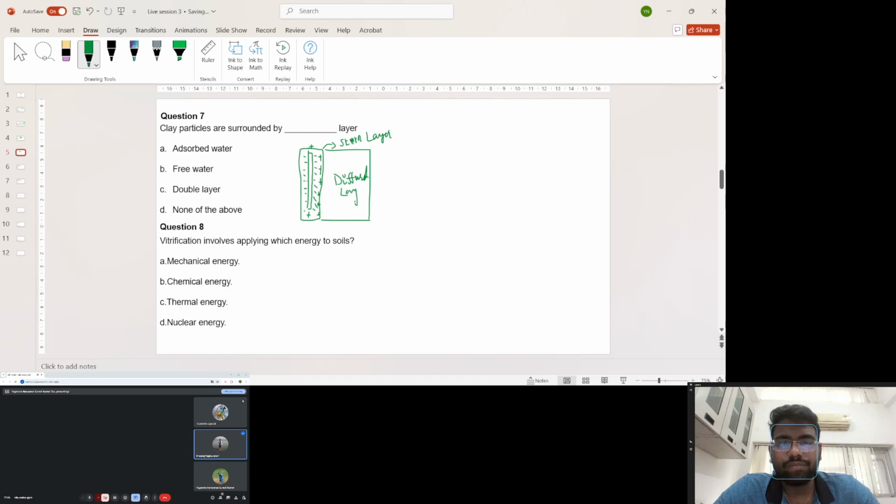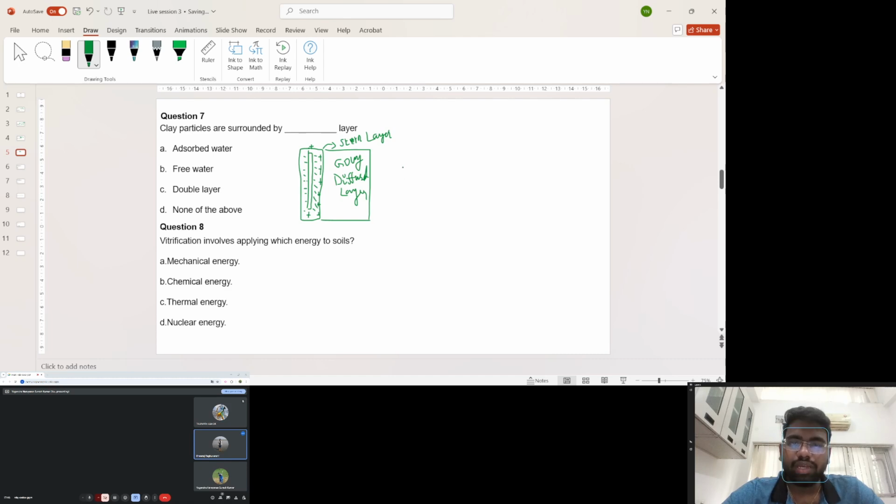This is also known as the Gouy layer, the Gouy diffuse layer. This is also named after the scientist.